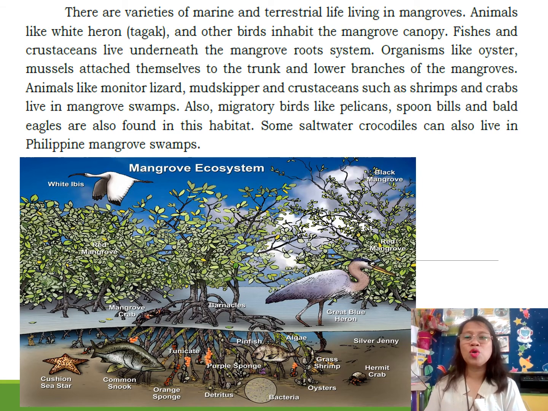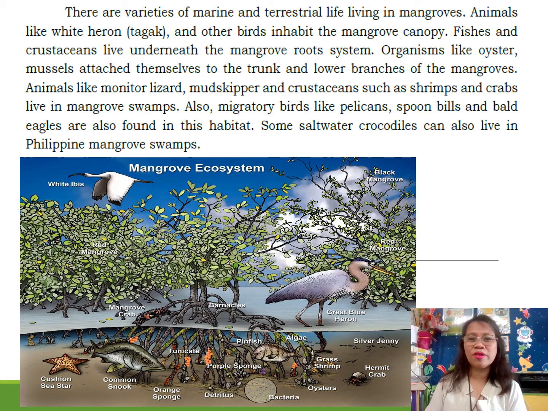Sa mangroves, organisms like oysters, mussels, they attach themselves to the trunk and lower branches of the mangroves, or even in the roots. Animals like monitor lizard, mud skipper, crustaceans such as shrimps and crabs live in mangrove swamps.